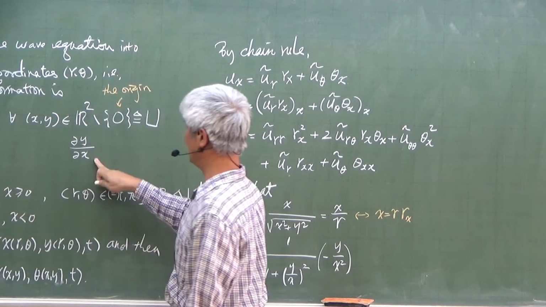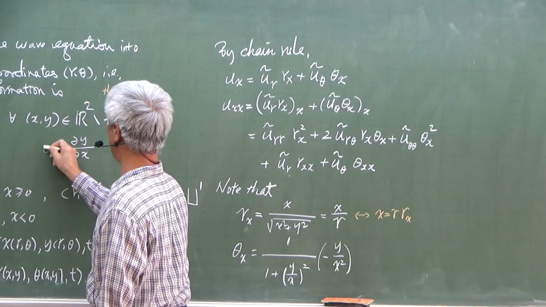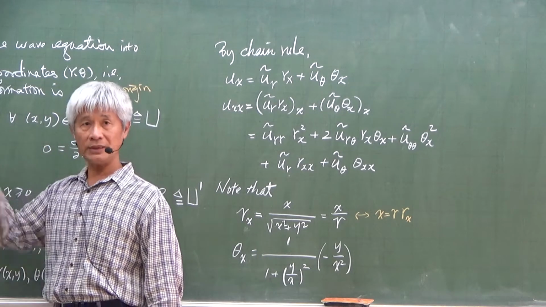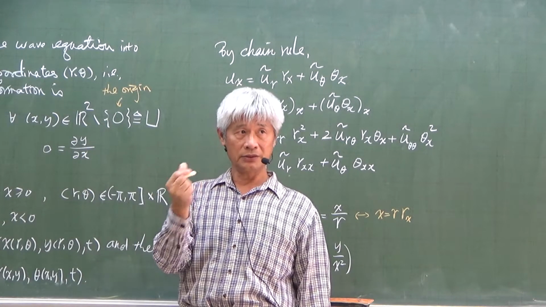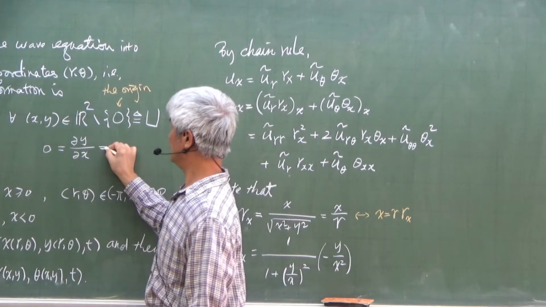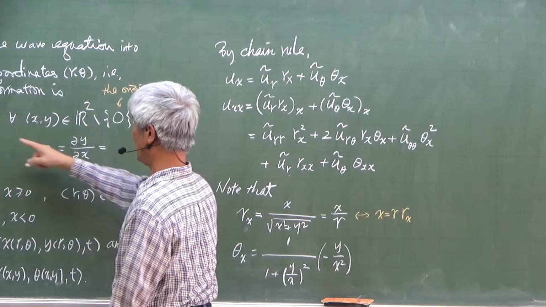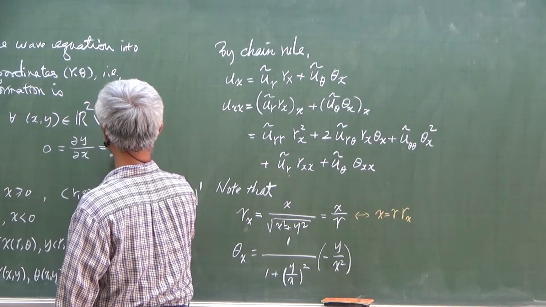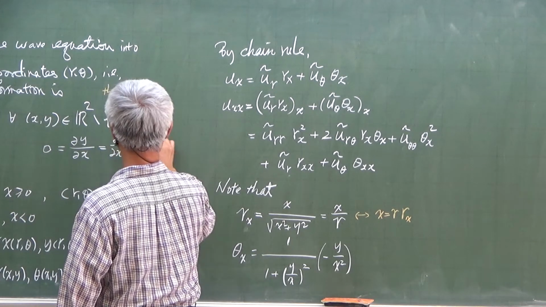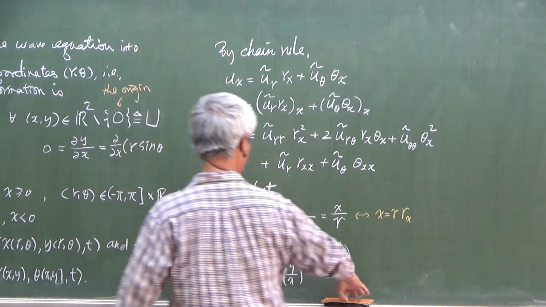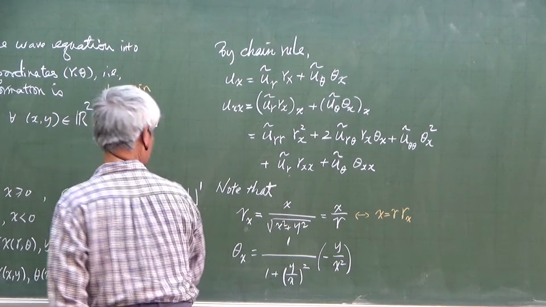So when we take the partial derivative with respect to x, this is equal to 0, because y is an independent variable. But because y is here, so the partial derivative, maybe I will use another color.